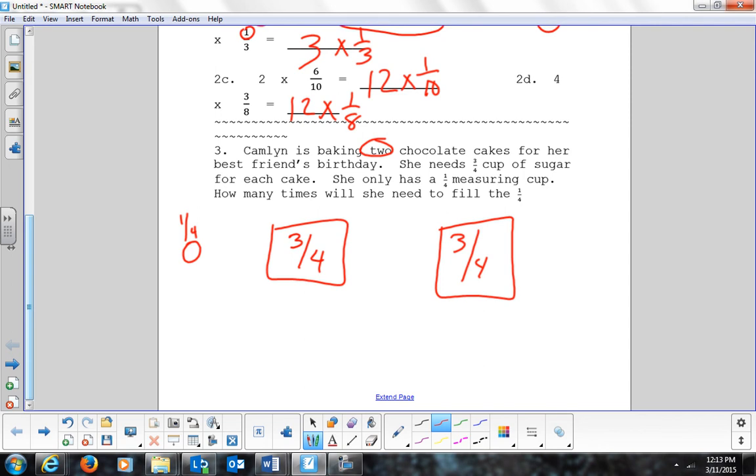How many of these am I going to need for this first cake? 3. Why? Because it's 3 times 3 is 3. Okay. So I'm going to need 3 of them. Good. And if I need 3 for this cake, how many am I going to need for this cake? 3.